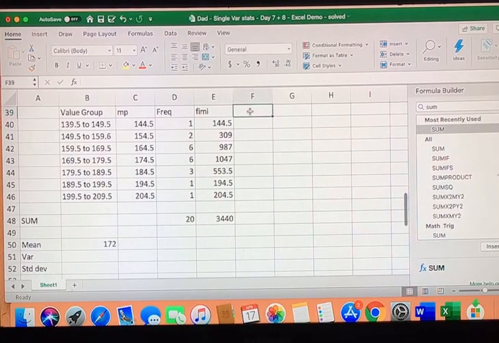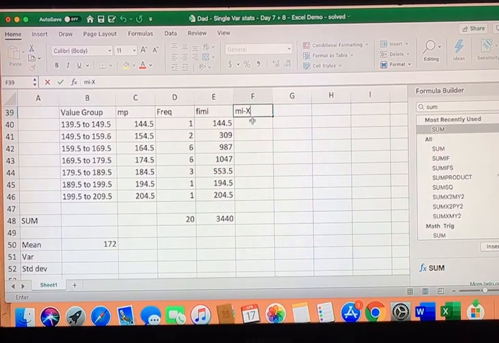First of all, we have to do a deviation. So we go mi, the midpoint, minus my mean. I'll make it a capital X because I can't do an X bar on here.